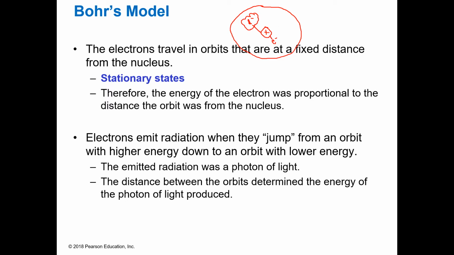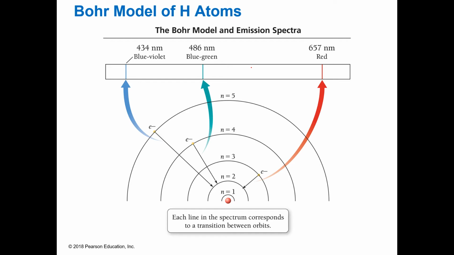So the electrons are naturally attracted to the nucleus because of that positive-negative interaction. That electron wants to go near the nucleus, so it's going to take energy to keep it further away. We'll look at this in just a second, but electrons emit radiation or energy when they go from one area to another.